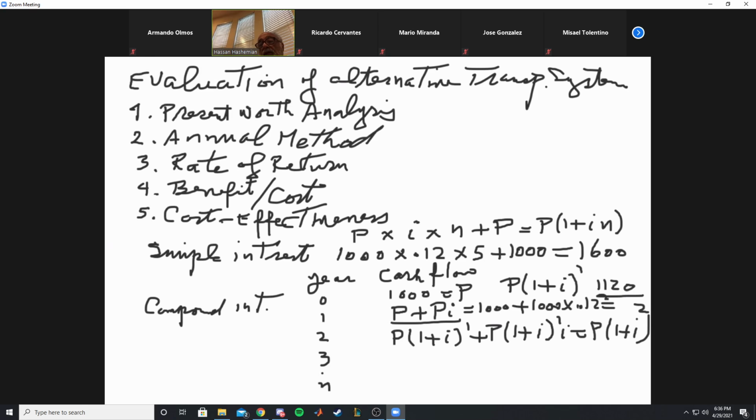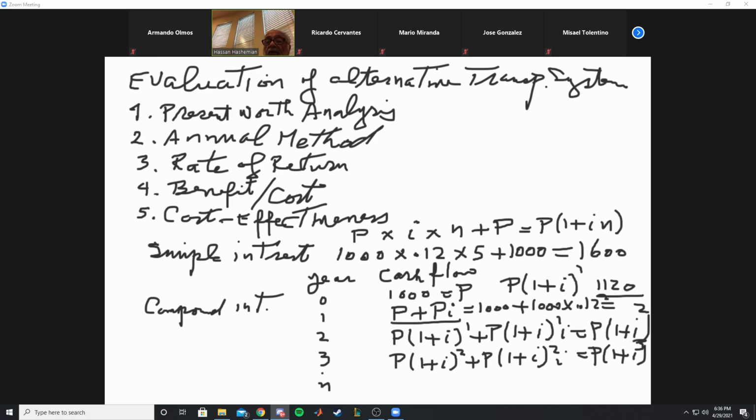So the third year, again, your principal will be P times (1 plus I) to the power of 2, and then you have to multiply by interest, the same thing. So your amount will be P times (1 plus I) to the power of 3.